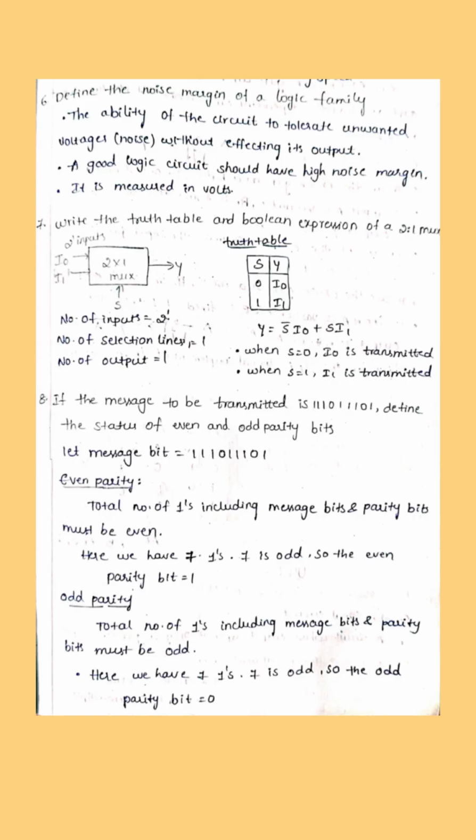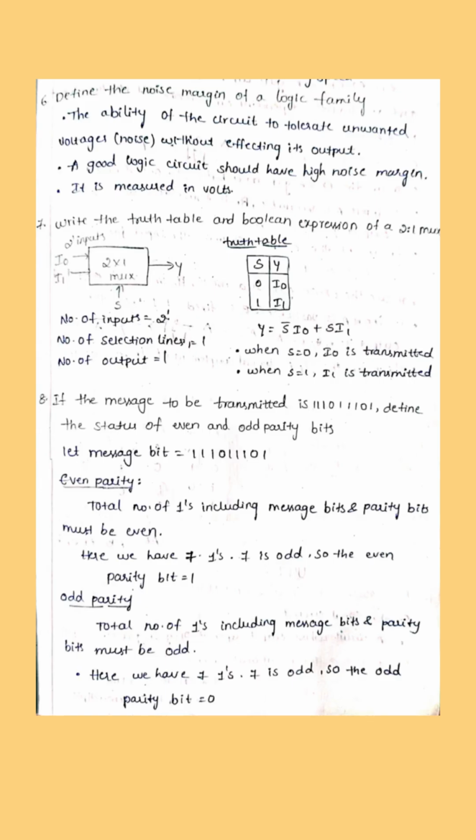Next question: if the message to be transmitted is 0111 01, define the status of even and odd parity bits. We know what a parity bit is. Let the message bits equal the given data, that is 0111 01. Now, what is even parity? The total number of ones including message bits and parity bit must be even.